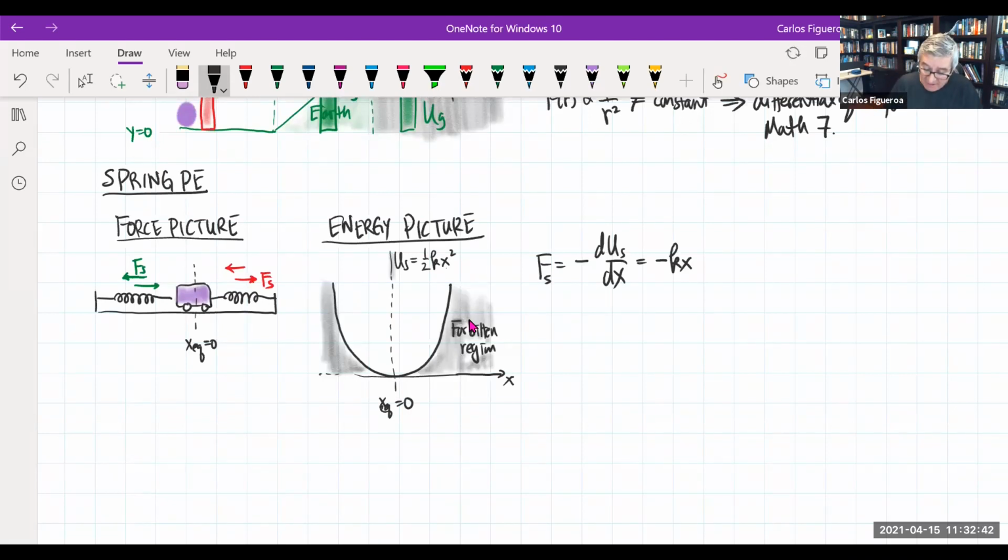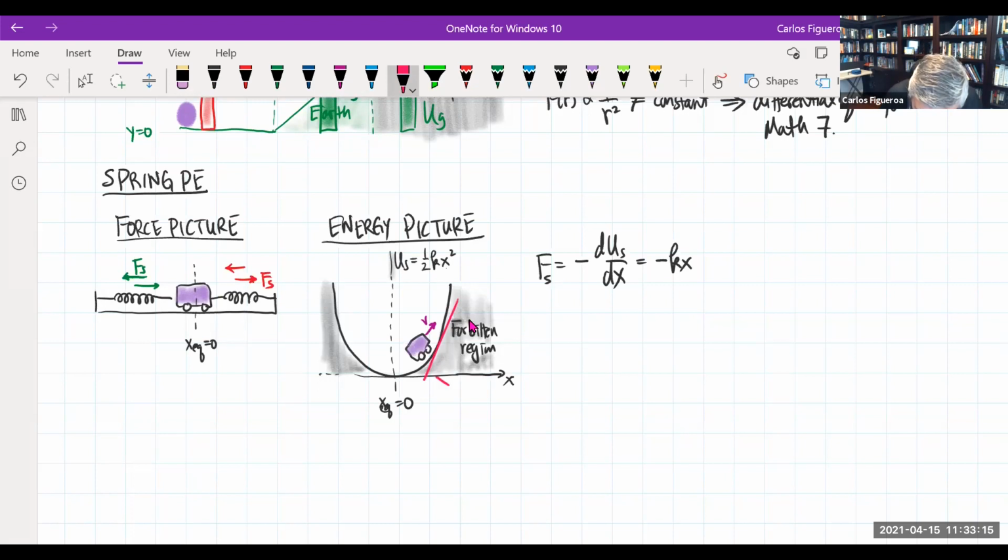So that means as I move in which direction? Imagine that I'm moving my cart in this direction now. And my object is moving where? In that direction, away from the equilibrium. Look at the slope of this guy now. If I look at the slope here, it is a positive slope.